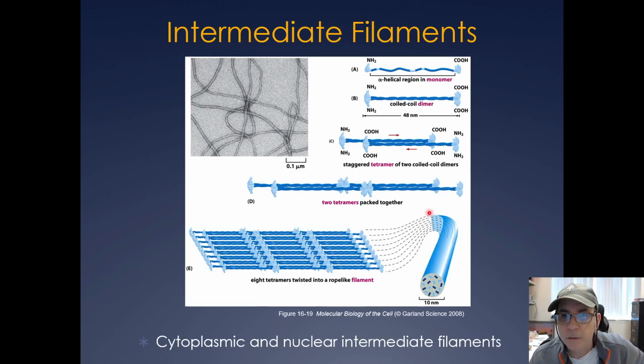The intermediate filaments, once again, create these rope-like properties, and here you can see a nice EM of some intermediate filaments, and typically they form a coiled coil, and then those coiled coils get staggered to form tetramers, and then they get packed together, and eventually they form this rope-like filament that's here.